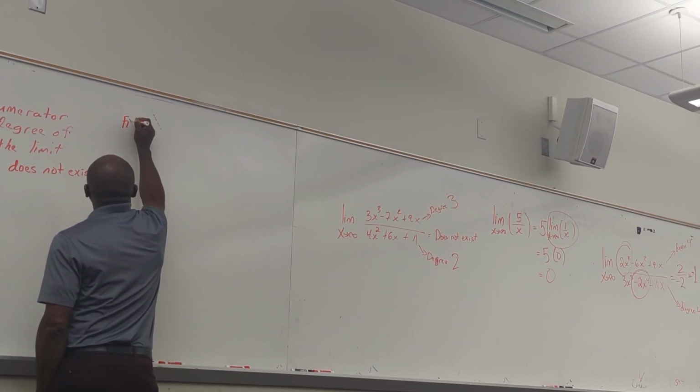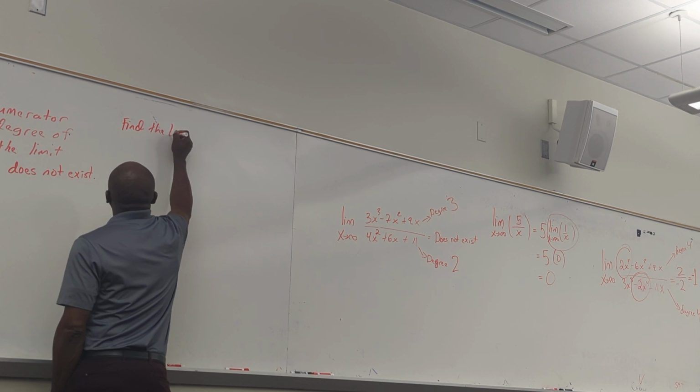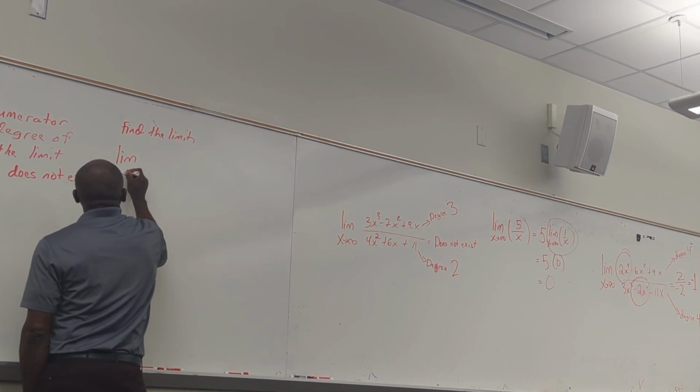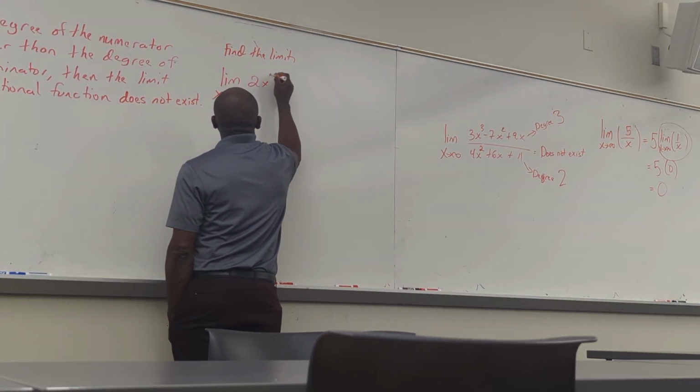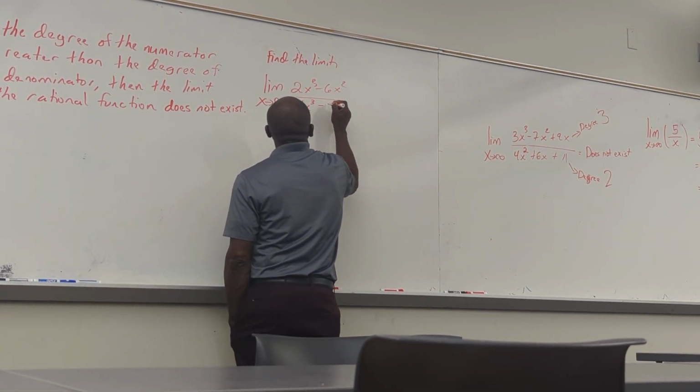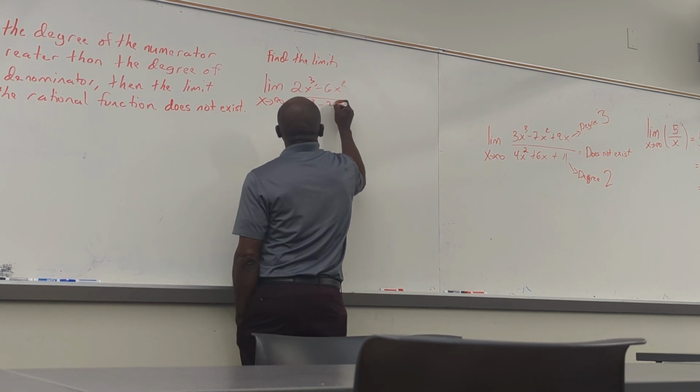Find the limit. I have the limit as x goes to infinity of 2x cubed minus 6x squared all over 4x cubed minus 11x.